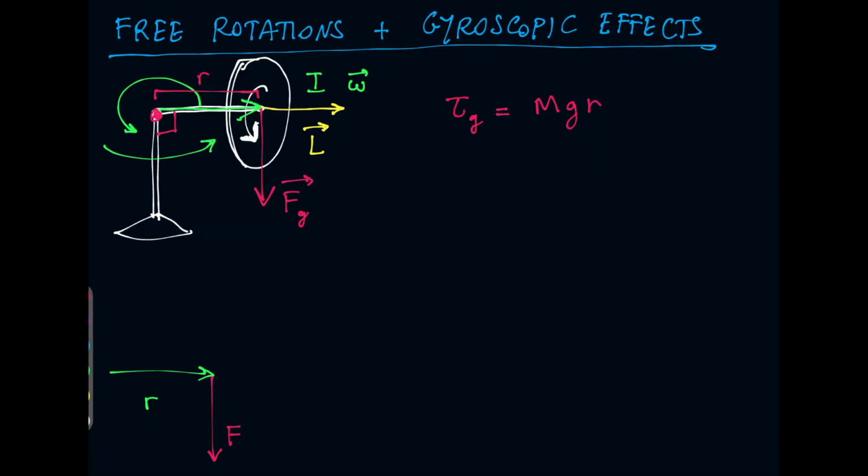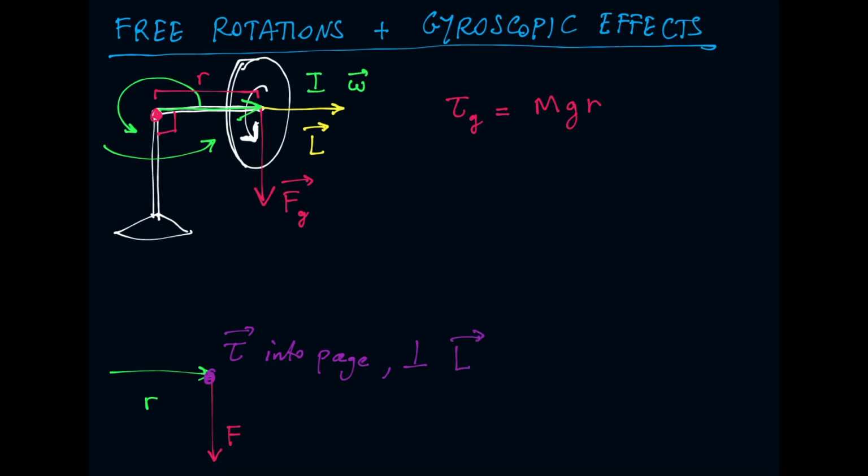Then your torque will be going into the page, right? Or into the screen, rather, if you're looking on a screen, which this being a video is very likely that you are. So torque is going into the page, and it's perpendicular to the angular momentum vector.